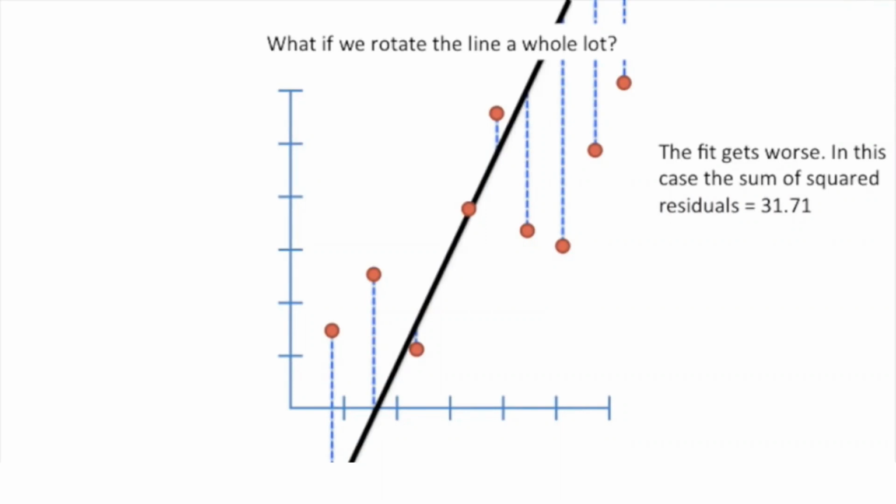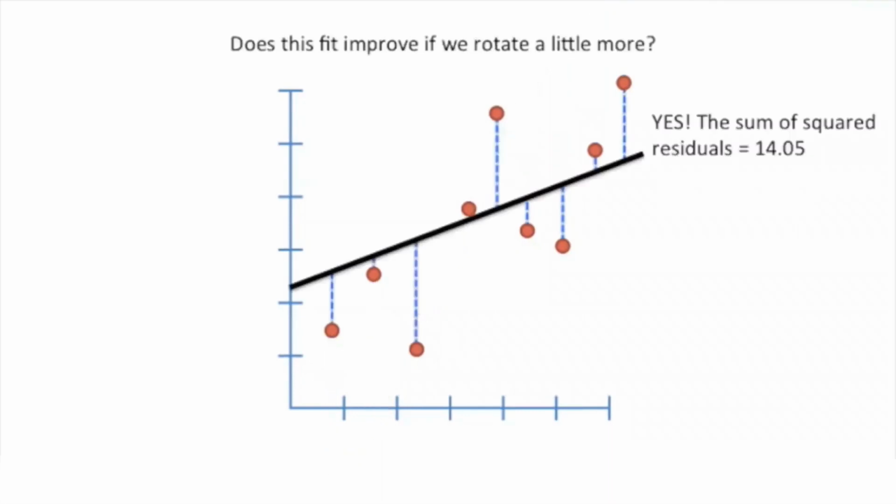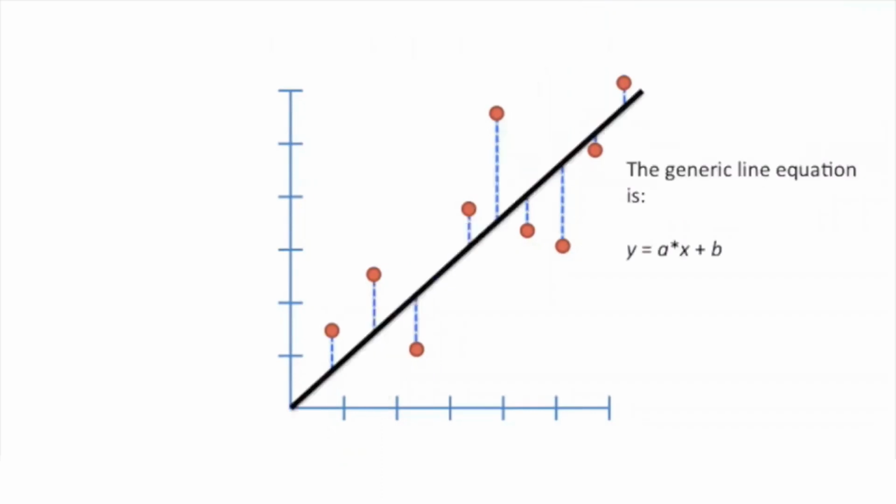The squared residuals is 31.71, which is obviously greater than 14.05. So with the diagrams which I have shown you, the best is probably this one, the sum of squared residuals 14.05, right?